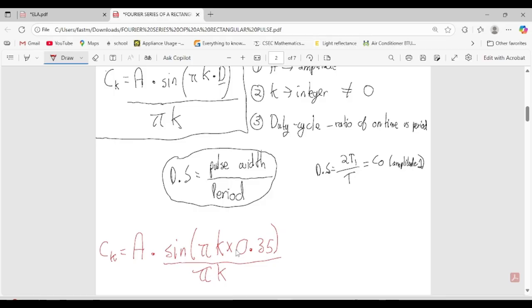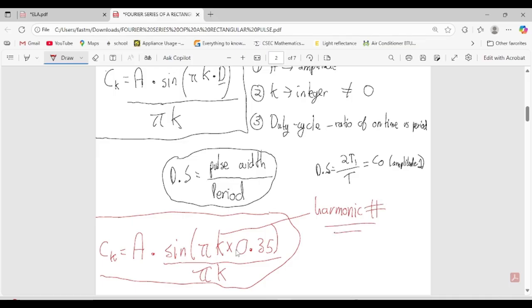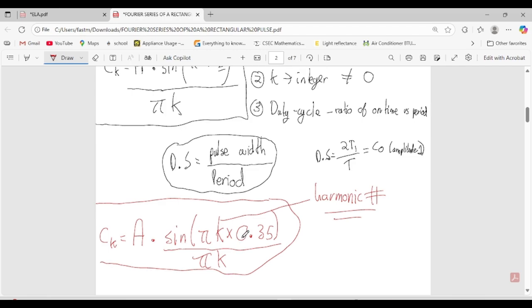So there's the general equation. If you're doing an actual question, you obviously will know the value of A, and k is basically the harmonic. So if I say the third harmonic, k is 3. Plug 3 in there, put it in a calculator, assuming you know the value of A, and that's basically the answer. And you just rinse and repeat for everything else.